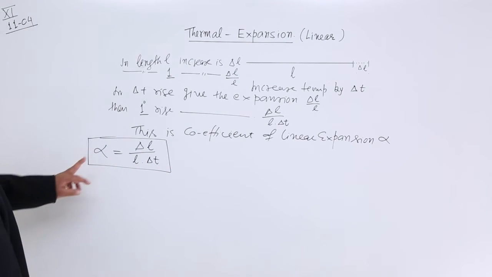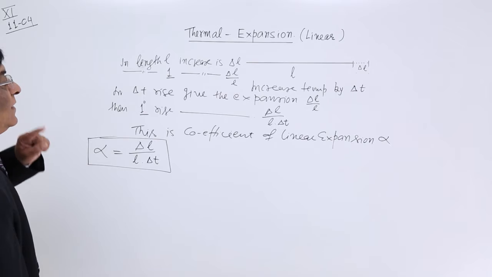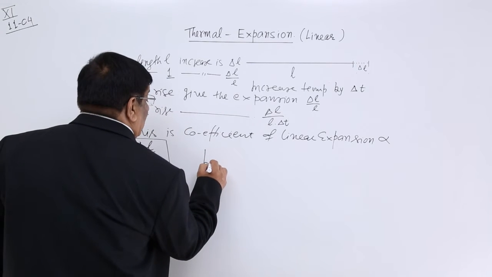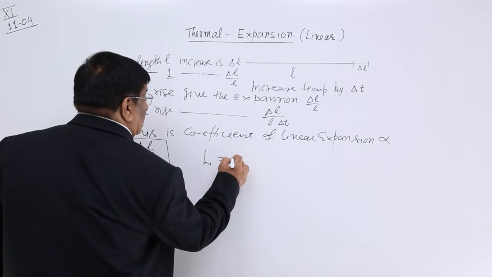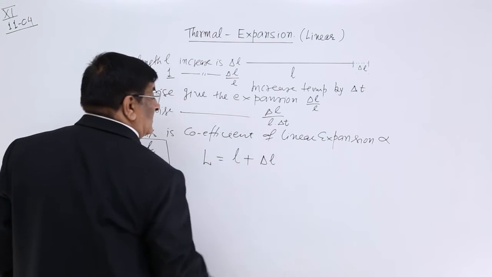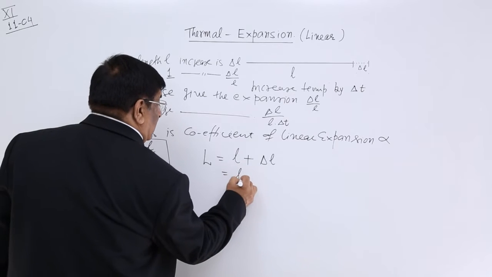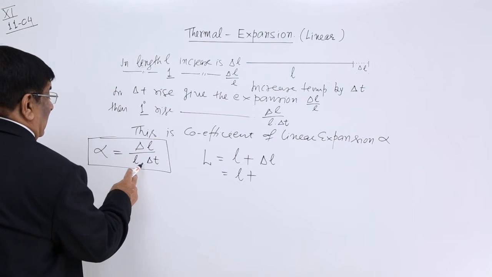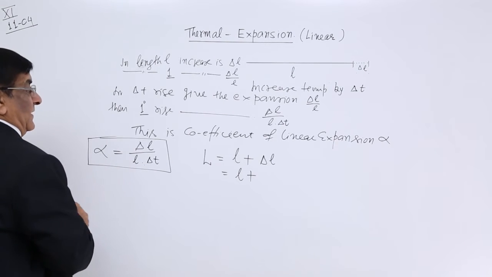Or what will be the new length? New length L is equal to old length plus expansion in the length. This is equal to L plus delta L. Delta L we calculate from here.